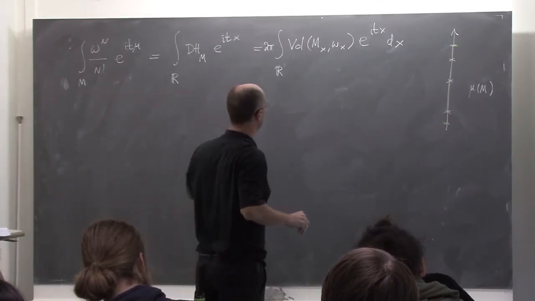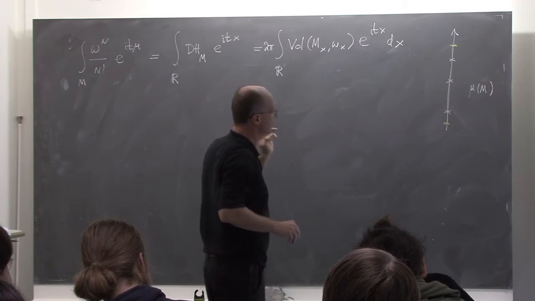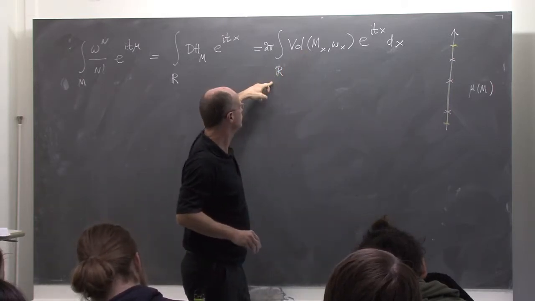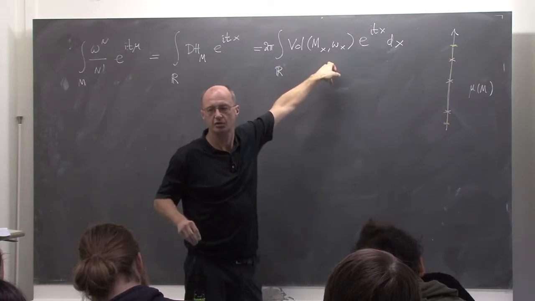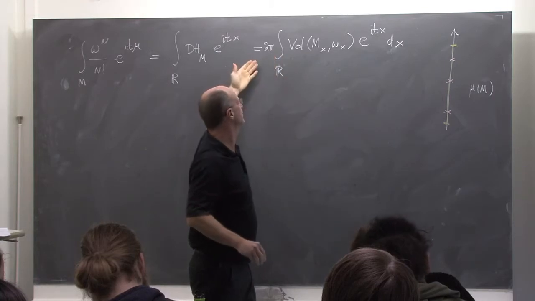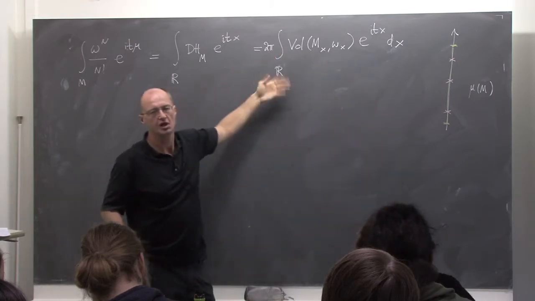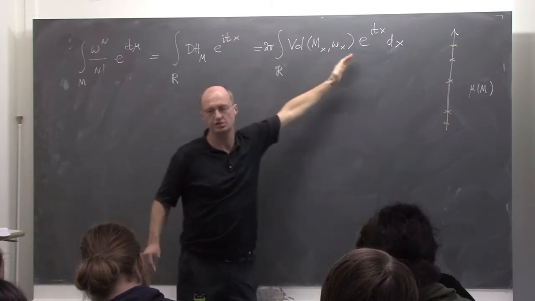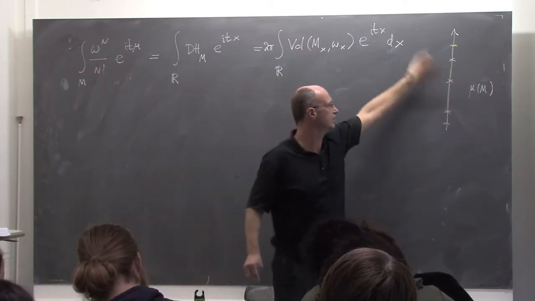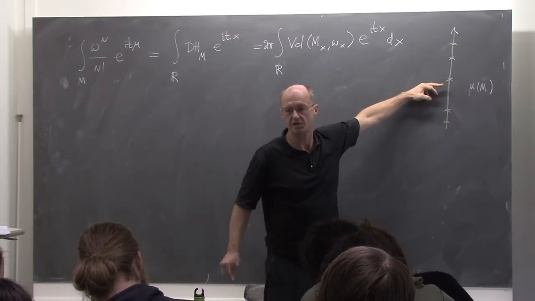Okay. Now what I would like to do is take the inverse Fourier transform to determine the volume function. Of course, the inverse Fourier transform works under some reasonable assumptions on what this function is, but this function is, as we know, piecewise polynomial.